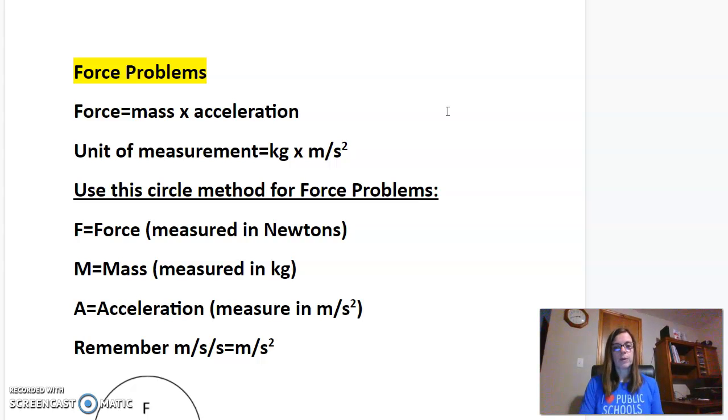So if you look along with me on my screen here, when we're doing force problems, the basic equation that's used for force is mass times acceleration. And the unit that we use for force is actually newtons. So I'll put that on here.